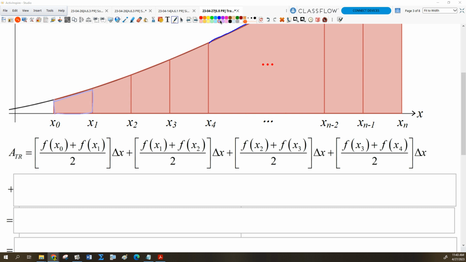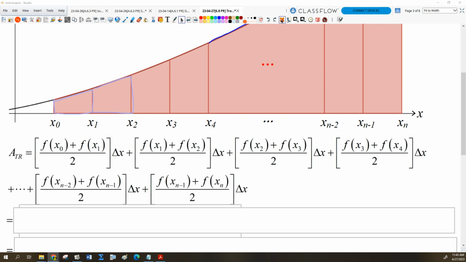The width is going to be delta x, right? So we average the two bases of the trapezoid and multiply that by the width, and it gives us the area of the first trapezoid. The second one is just going to be this guy right there. Left base becomes x sub 1, right base becomes x sub 2, and so on. We just add that up for every trapezoid that we're using.